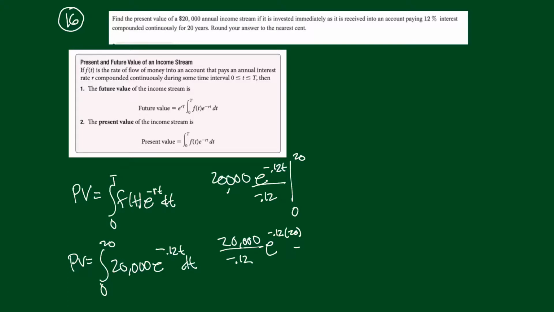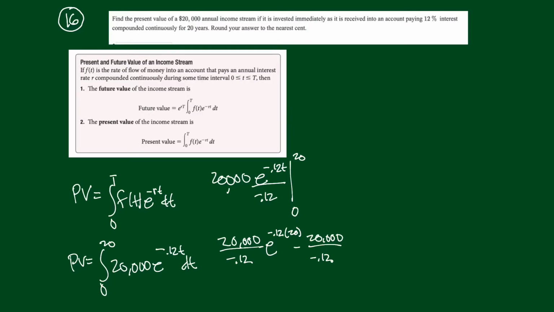Well, you put in a 0 here, 0 times 0.12 is 0, e to the 0 is 1, so you get 1 times this over this, so it's just going to be minus 20,000 divided by negative 0.12.